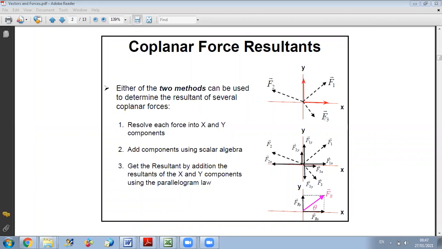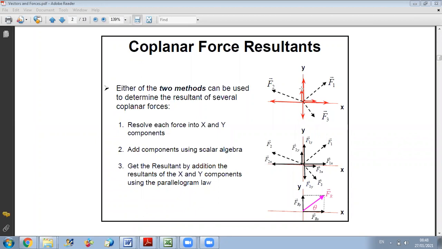The same for F3. Of course, to do the decomposition, they should give me information: the angle and the magnitude. And for F2, I also divided it into two parts. Now I will have three components along X and three components along Y.